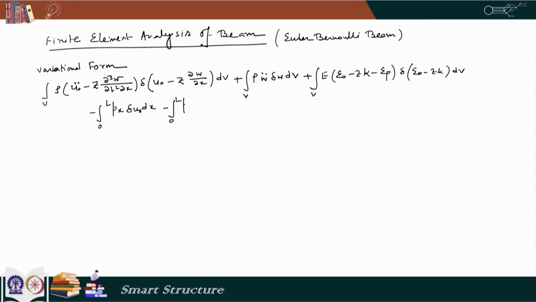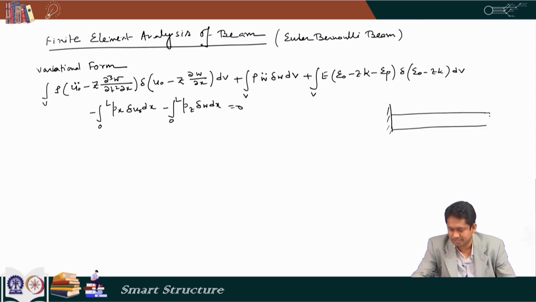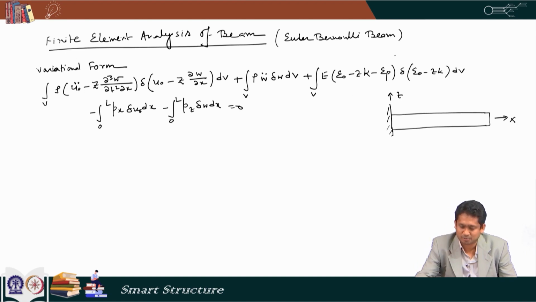So, we are quite familiar with this formulation. Now, here we are analyzing just a beam. This formulation was written based on the fact that it has some piezoelectric component in it. Now, here we do not have any piezoelectric component.